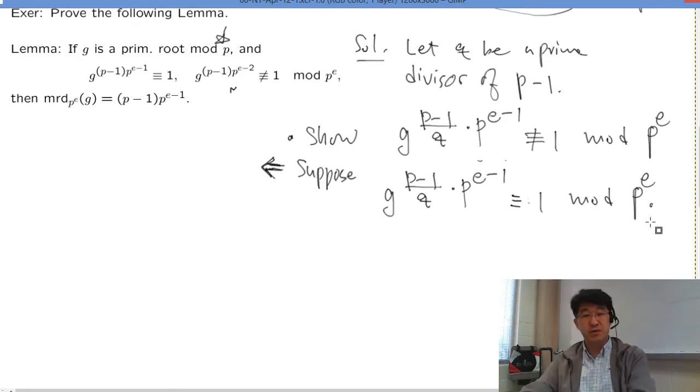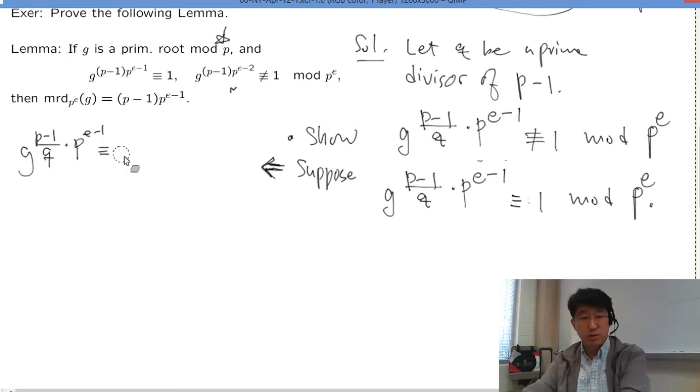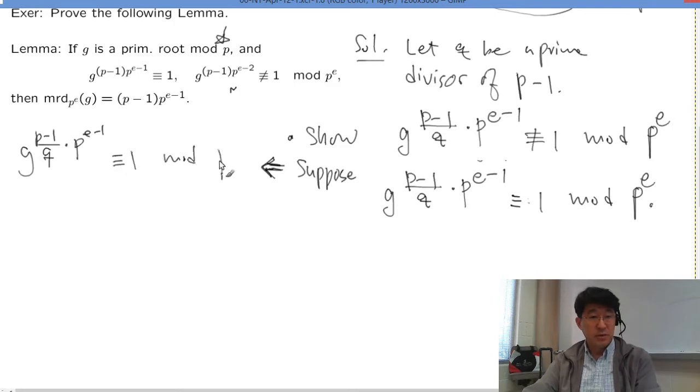It's just P power. You can do something about this P power. Do you see that? So I'm going to state that since I asked you to do that. So P to the E minus 1 is congruent to 1 mod what? P. So what's wrong with that? What's your thought? How about this? What are you going to do about that guy?